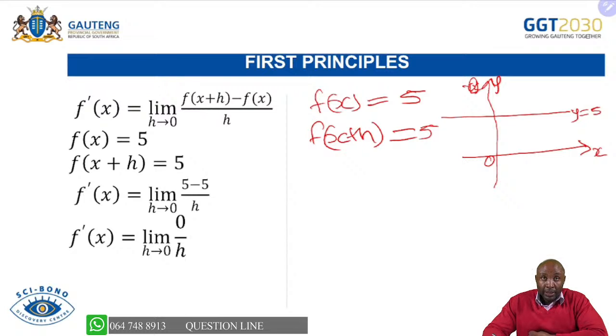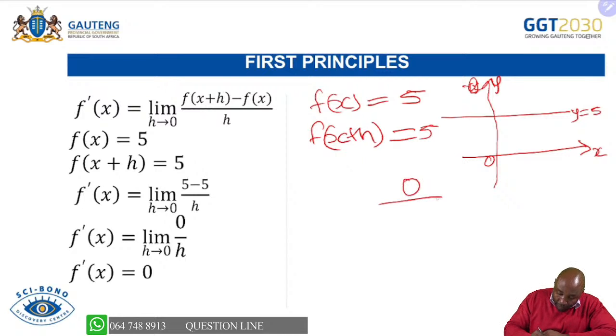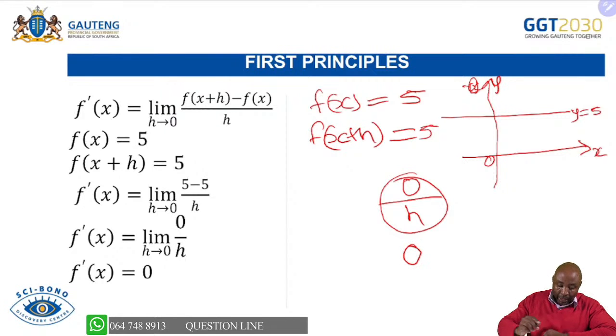If our numerator is 0, 0 divided by anything should give us what? 0. I'm not saying I will substitute h there as 0. I'm saying the fraction is 0 over h. When I simplify this fraction, I get 0. That is why there I will have my first derivative as 0.